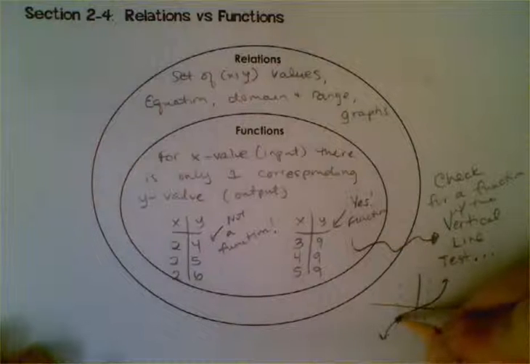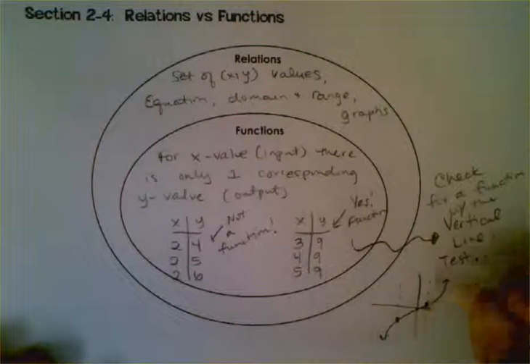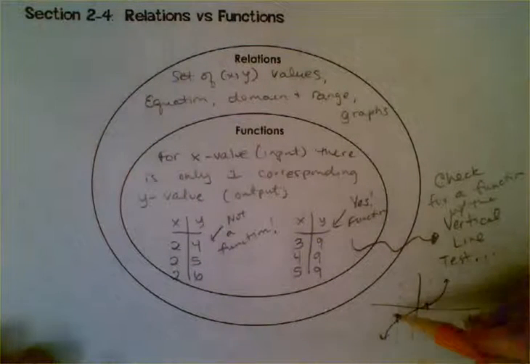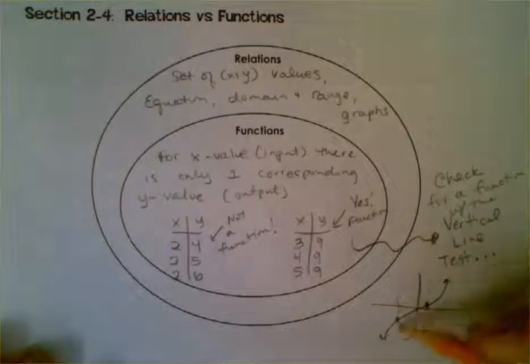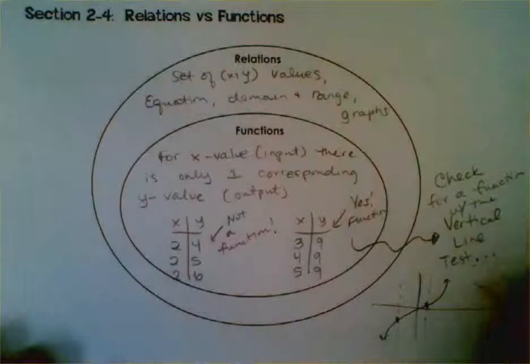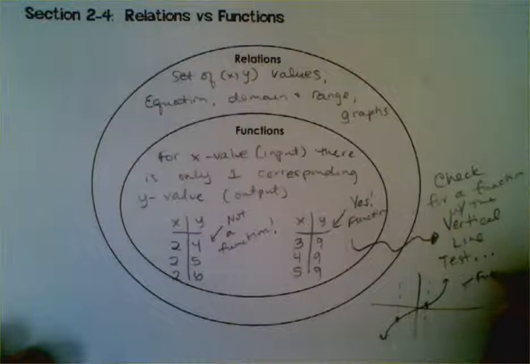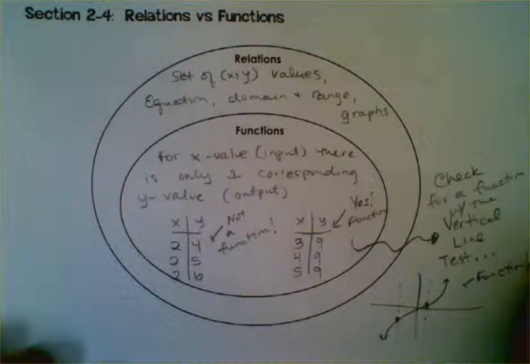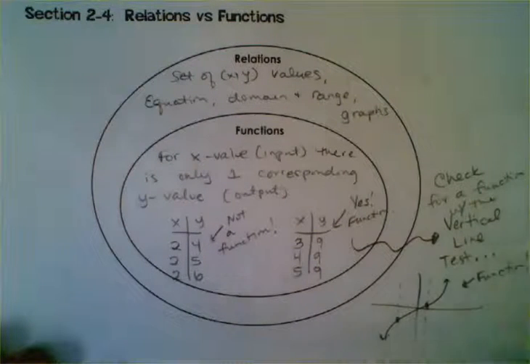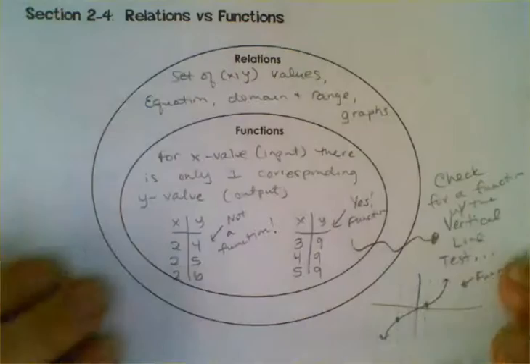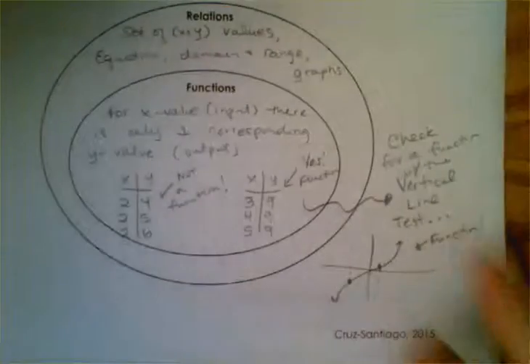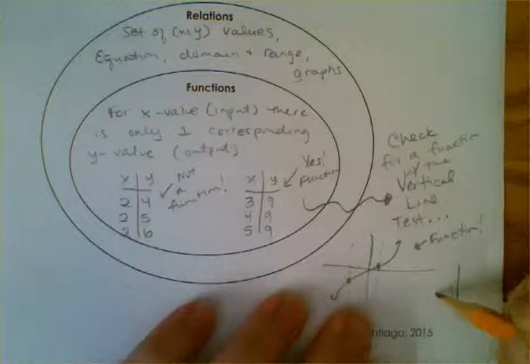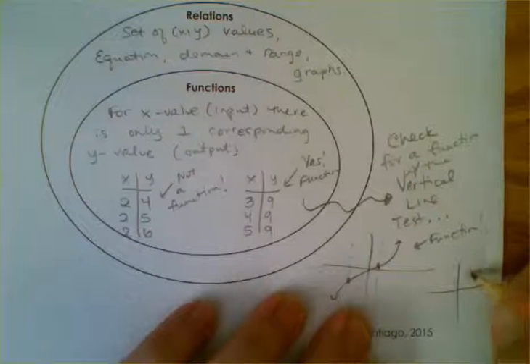So at each vertical line, and obviously the vertical line goes through an x value, there's only one corresponding y value. So yes, this is a function. But let's say we have another graph. This other graph looks like this.